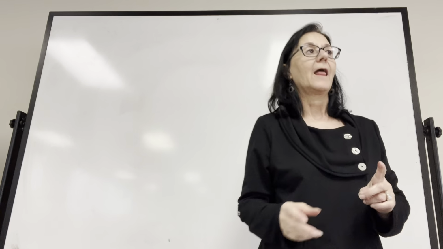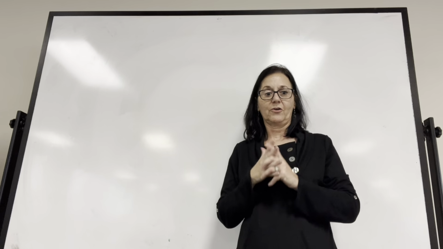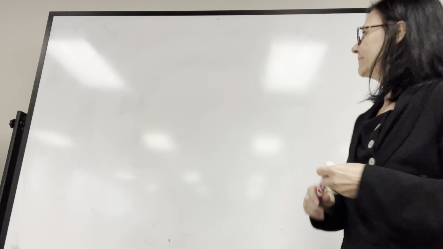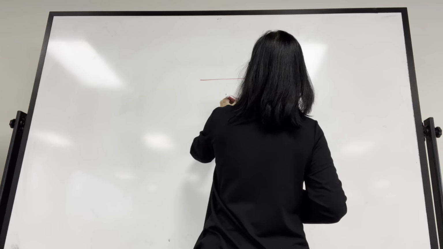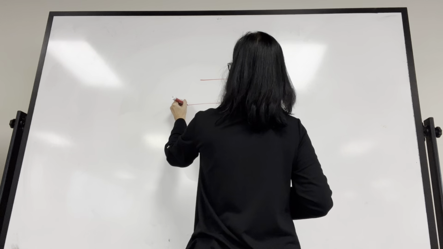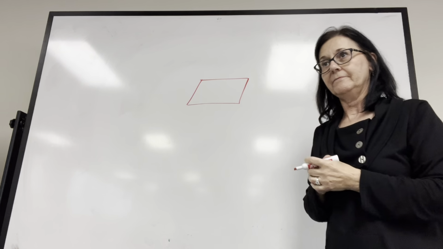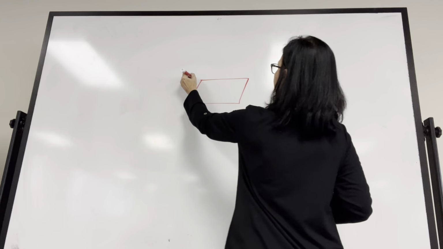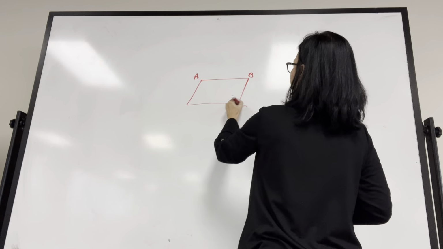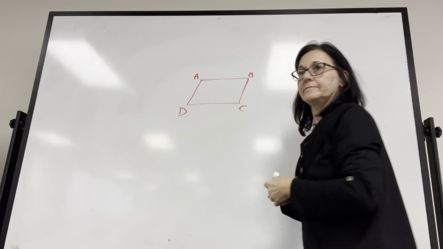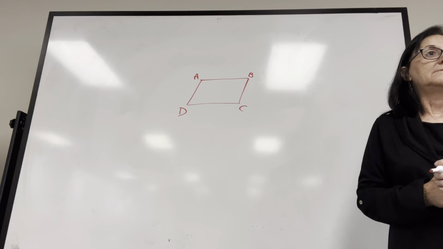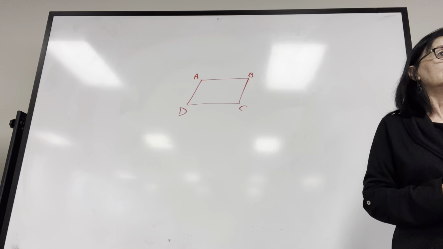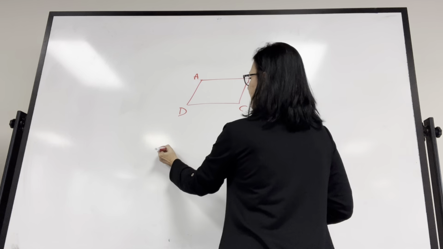Okay, now I want you to think about this. What about a parallelogram? Does a parallelogram have rotation symmetry? Yes. If you were to rotate it 180 degrees. Yeah, because B comes here, right?